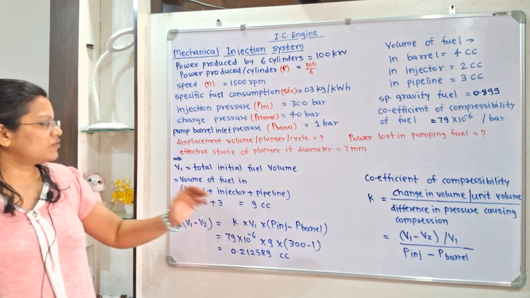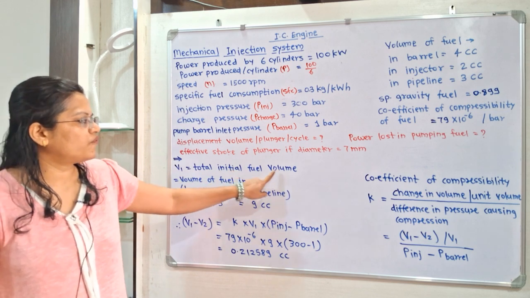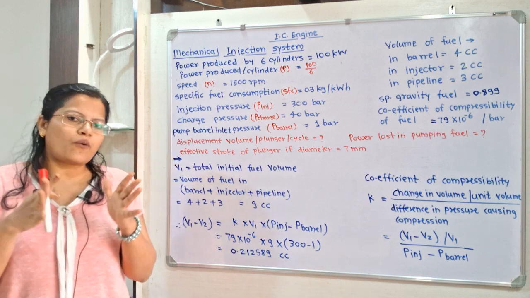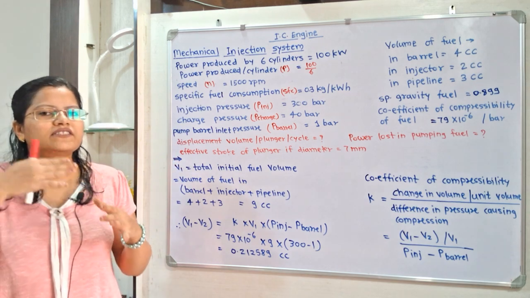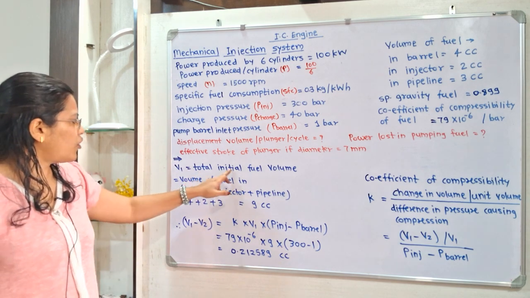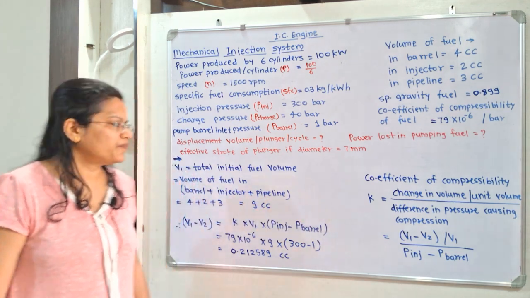Now how to calculate this V1? This V1 is the total initial fuel volume. As there is a compression process, there is a change in volume also. So the initial volume is V1 and the final volume is V2.